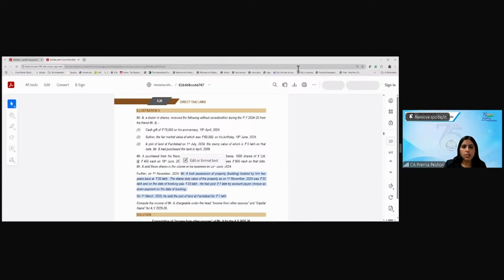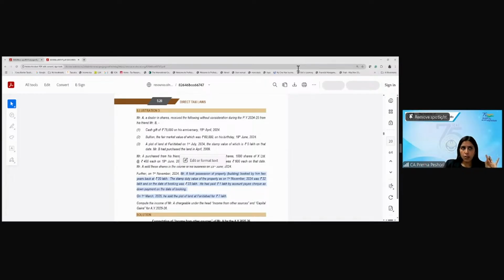Yes, please, fast. What is the cost here? What will be the cost for the plot of land? So see students, the cost will be the cost which has been charged under 56(2)(x). The FMV which has been charged under 56(2)(x). That will be the cost of the plot over here.